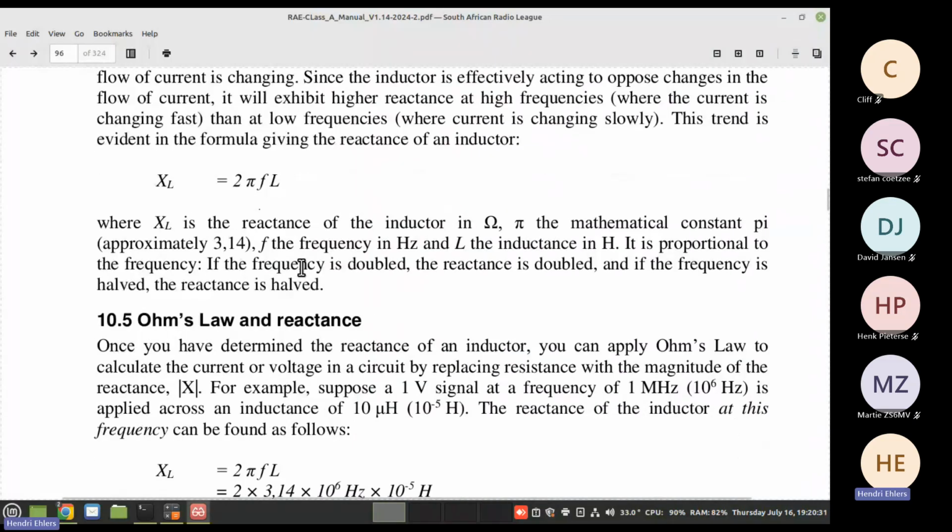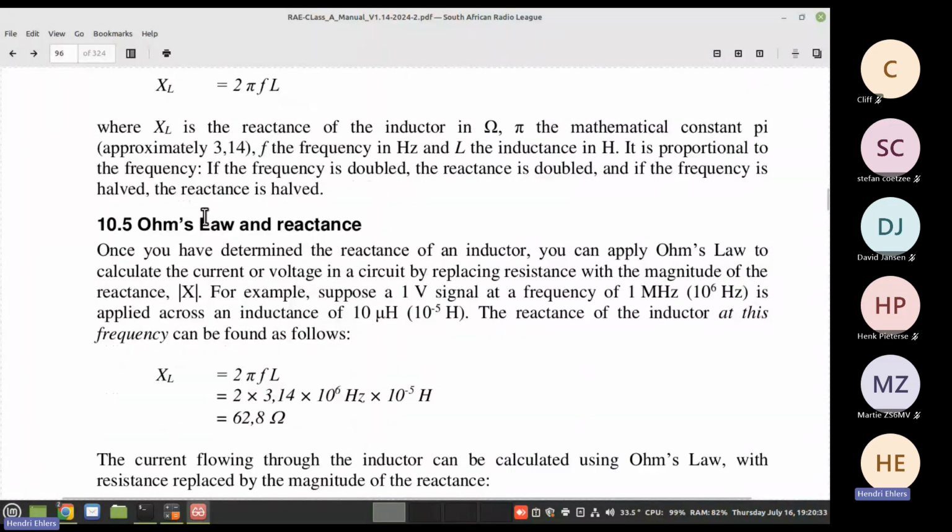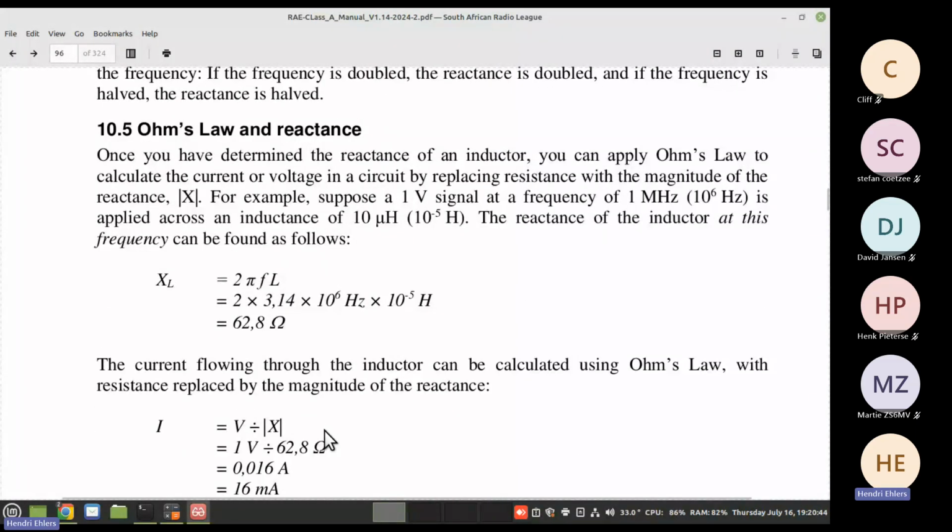So once again, once we've done that calculation, we will get a value in ohms, and we can use Ohm's law from there on to calculate the current that is in that circuit.